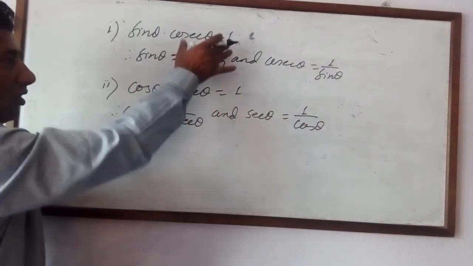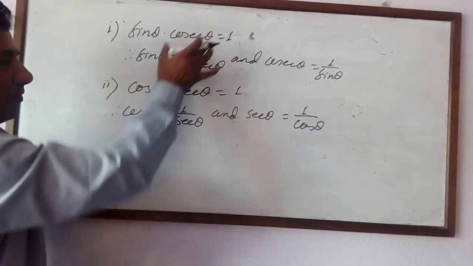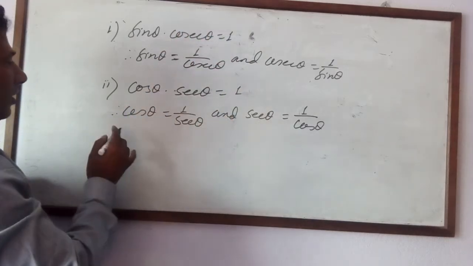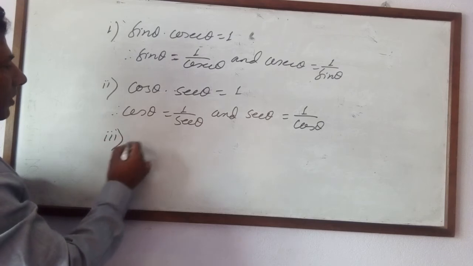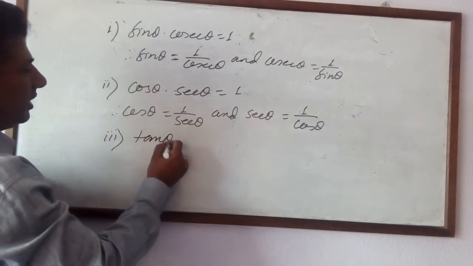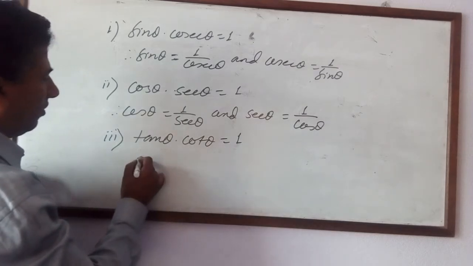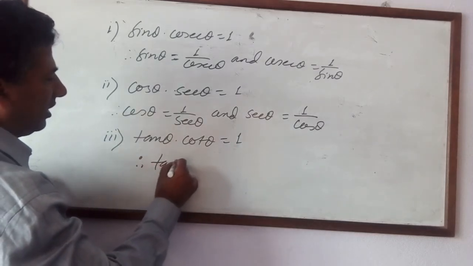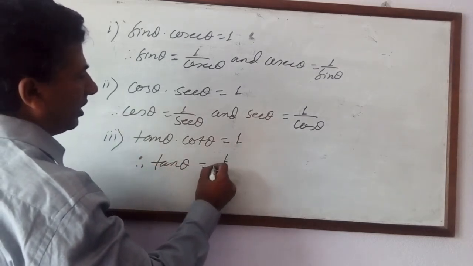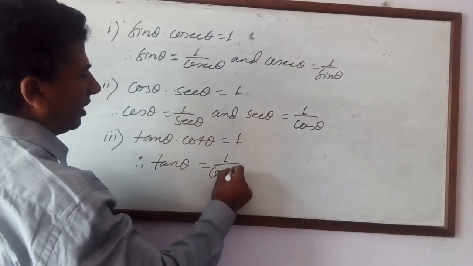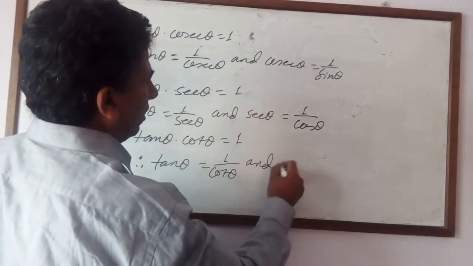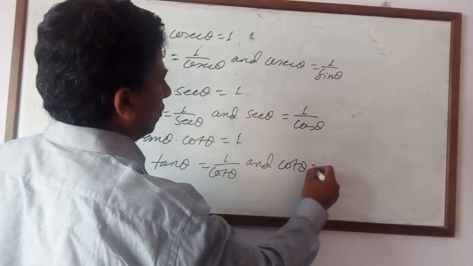This is only one formula, number 1 formula, number 2 formula, in reciprocal form. Now number 3, tan theta times cot theta equals 1. Therefore tan theta equals 1 by cot theta, and cot theta equals 1 by tan theta.